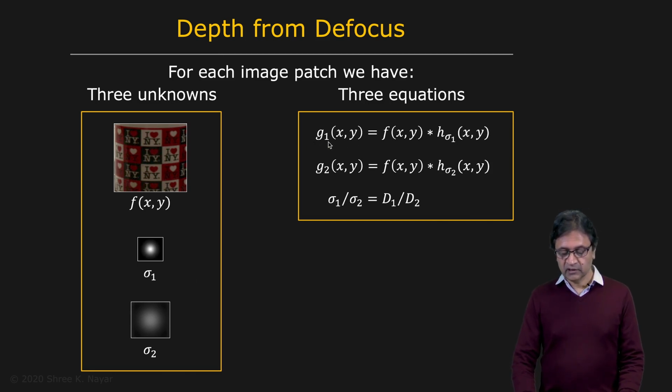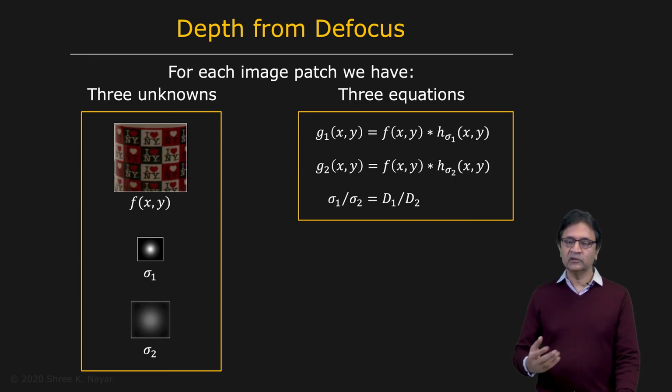Equation 1 is the captured image G1 is F convolved with H sigma 1. And the captured image G2 is F convolved with H sigma 2. Those are two equations. And of course, these two equations have three unknowns, which we saw before, F, sigma 1, and sigma 2. But we also have this additional constraint now, which is sigma 1 divided by sigma 2 is equal to D1 divided by D2.